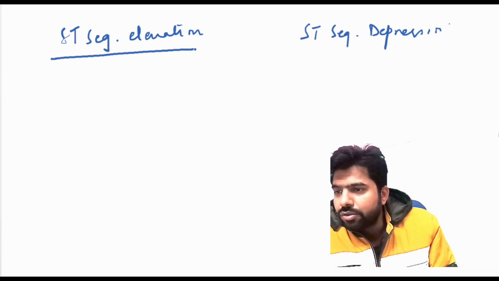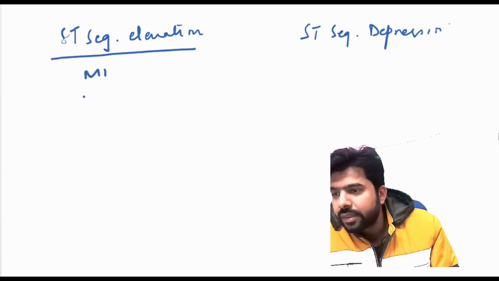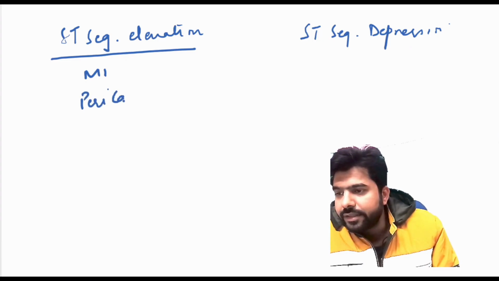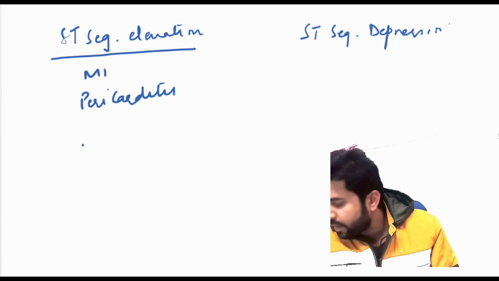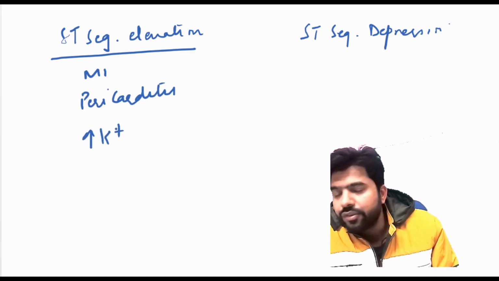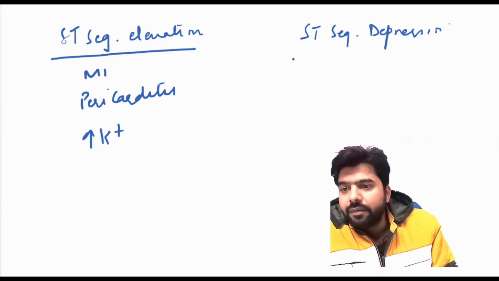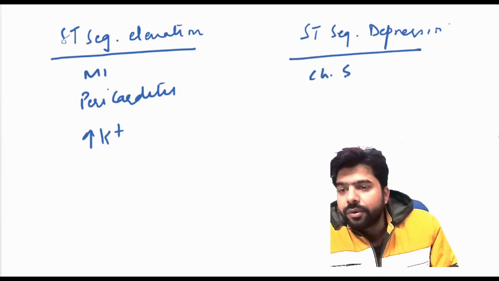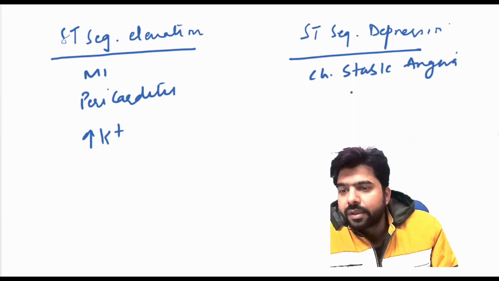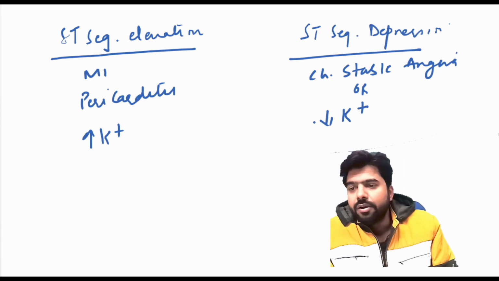The causes of ST segment elevation are MI, pericarditis, or increased potassium level, that is hyperkalemia. Whereas ST segment depression is basically seen in chronic stable angina, or it is seen in hypokalemia. Okay.